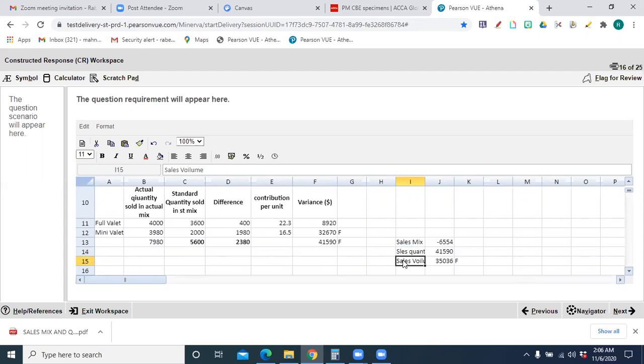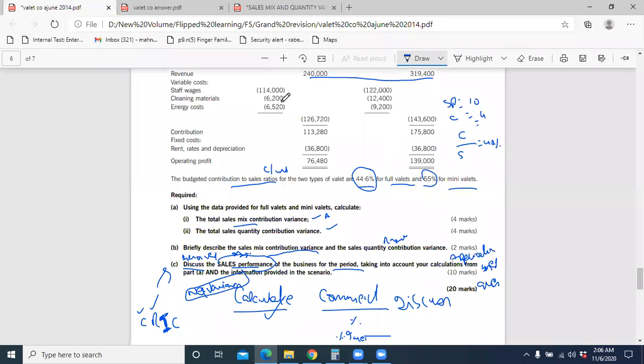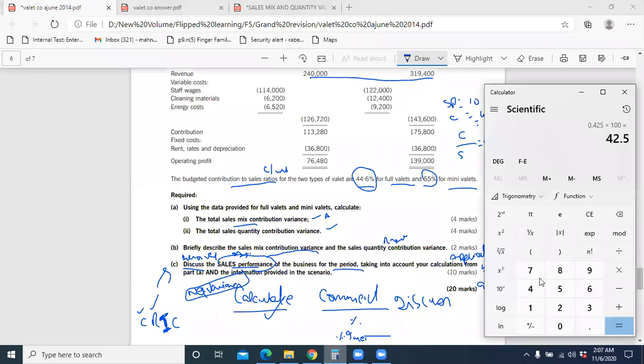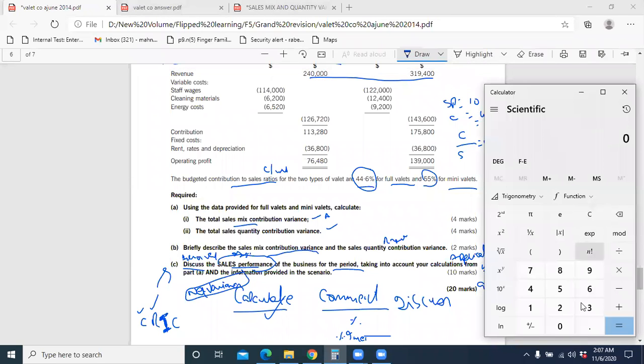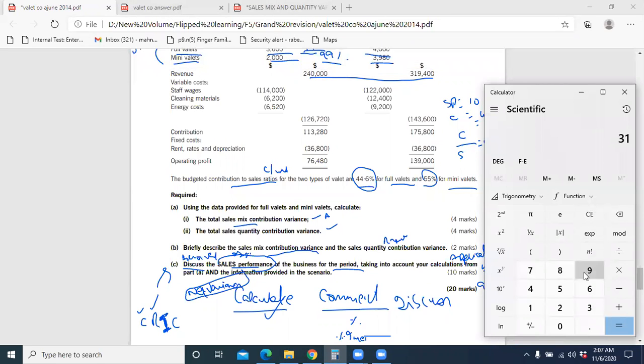So the net of the sales variance was a favorable thing. Here I could also calculate the increase in the revenues. As you can see, there is an increase in the revenue compared to the budget: current figure 319 minus base figure 2,40,000, divided by the base figure 2,40,000.